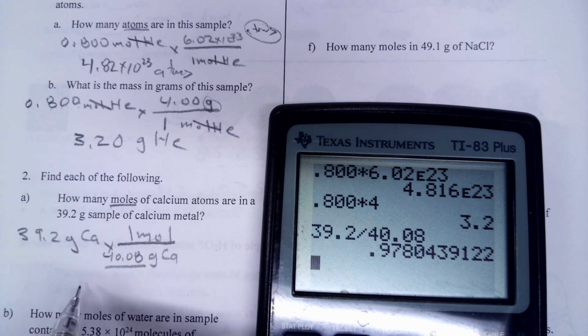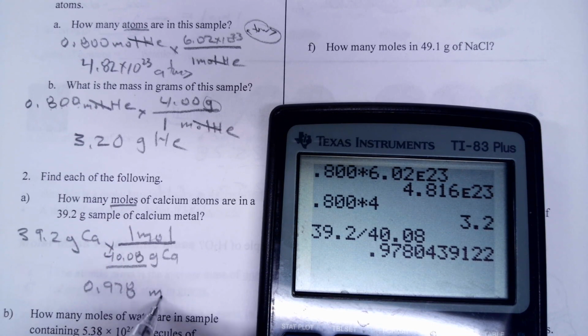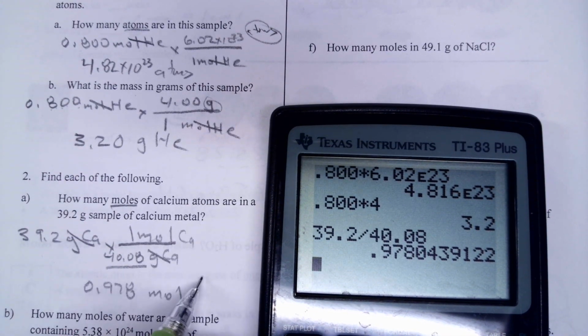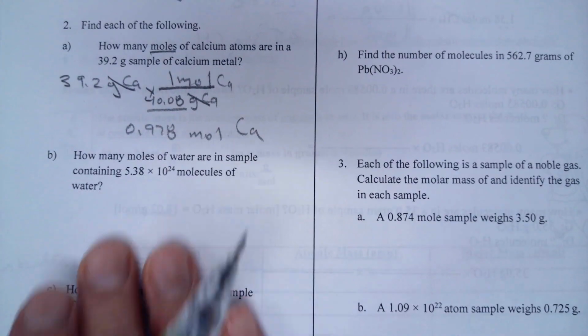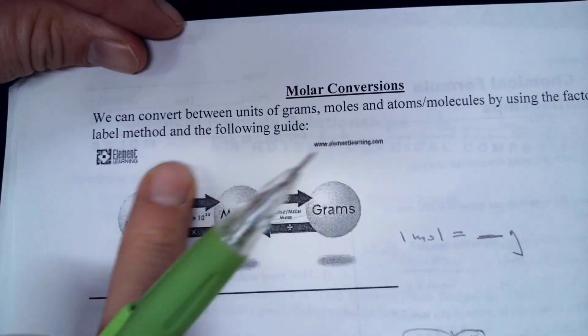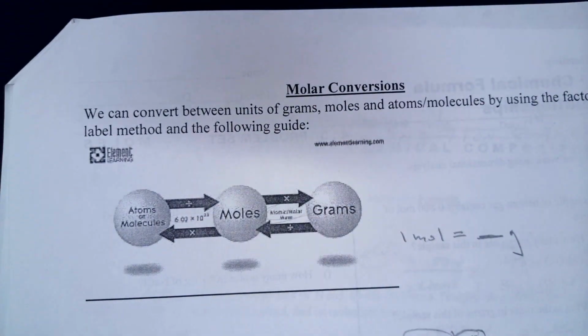I'm going to stop right there. 0.978 moles of calcium, just like that. All right, so I want you to give these other ones a try and see how you do. It's pretty much the same thing. If you get lost, always just look at this and know that this is going to be your security blanket. You can always use that right there.